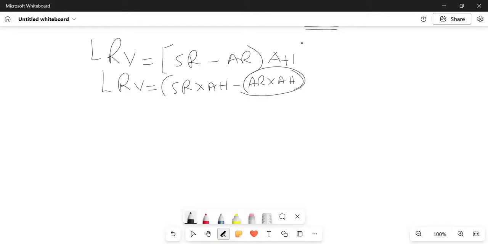So labor rate variance equals SR times AH minus actual labor cost. Now I will be able to get this AH very easily.